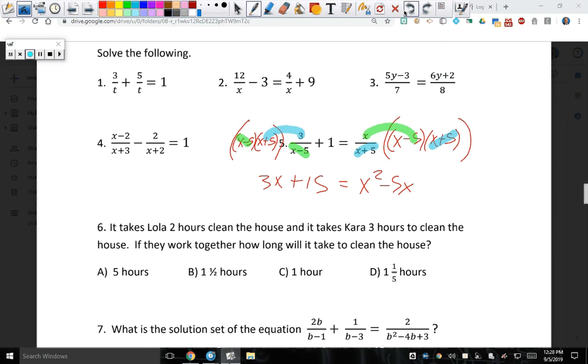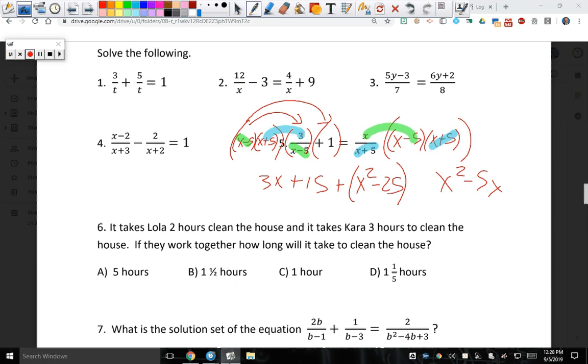Let's make room for that. X squared minus 5x is going to come over here. And guess what I'm going to put here for 1? It's going to distribute on this one, and it's going to distribute on 1. I'm going to put the difference of squares, x squared minus 25, that I'm adding, and there's my equals.